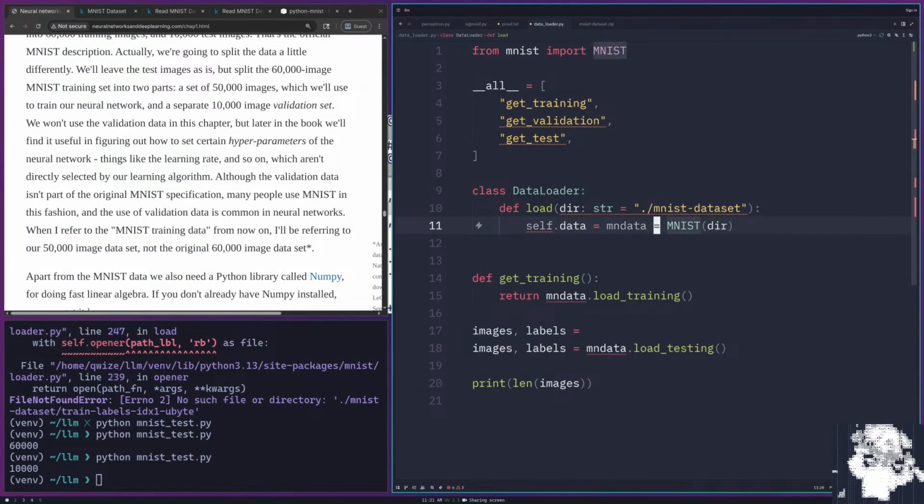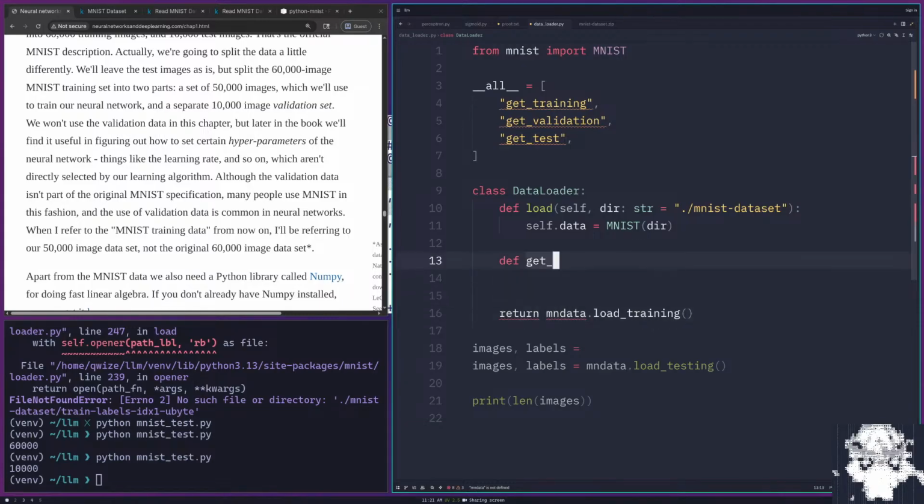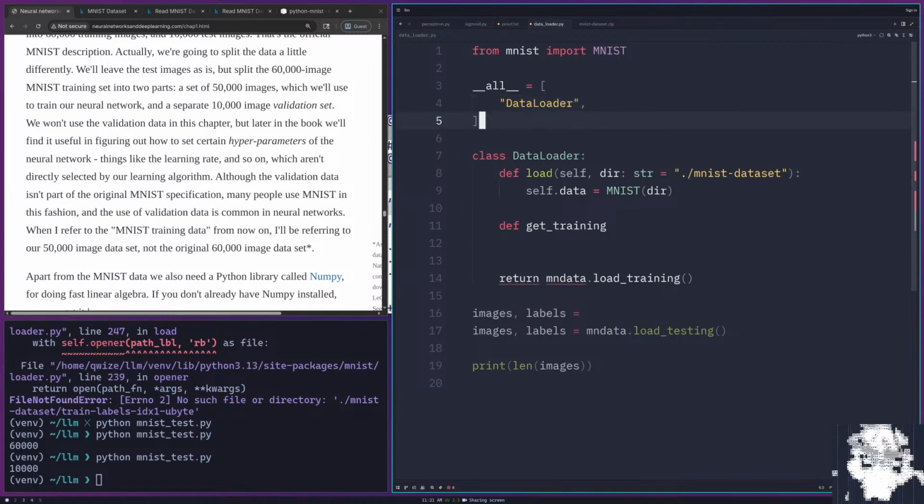Self.data equals this. And then put a self on here. Then we've got def get training, which will be this. So we're actually only exporting data loader. Self, and that's it.